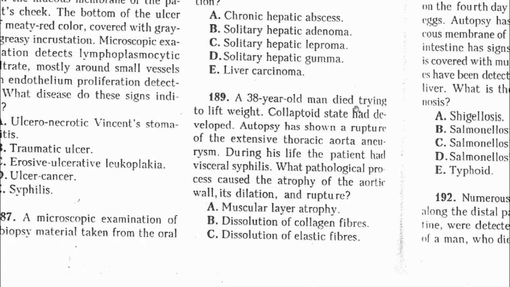89. A 38-year-old man died trying to lift weights. Collapsoid state had developed. Autopsy has shown a rupture of an extensive thoracic aorta aneurysm. During his life, the patient had visceral syphilis. What pathological process caused the atrophy of the aortic wall, its dilation and rupture?